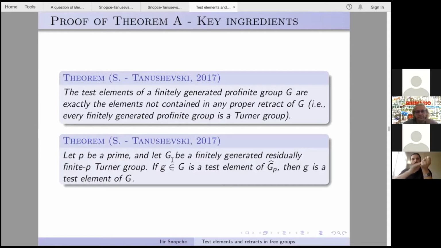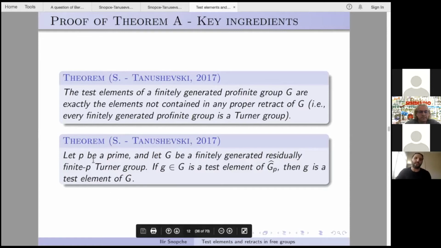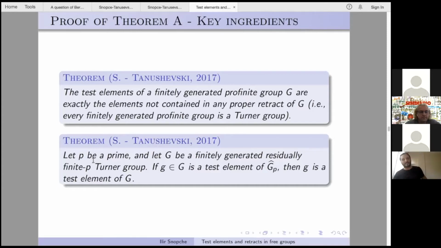Then we go to its pro-p completion, where we can find a word of finite length such that when we multiply this word with the first given word, we obtain a test element in the pro-p completion. But by this second theorem, this element is a test element inside the free group. So more or less, this is the idea of how one can attack this type of problem.